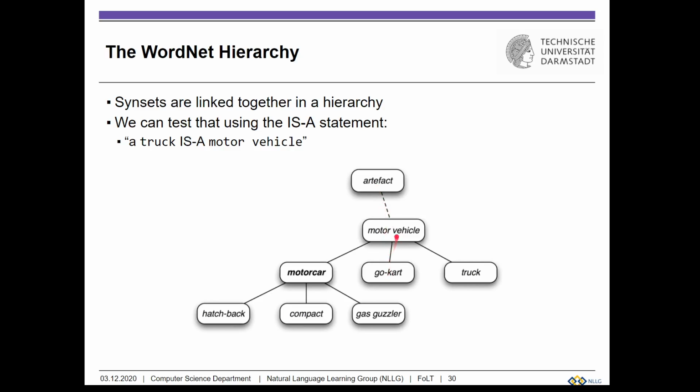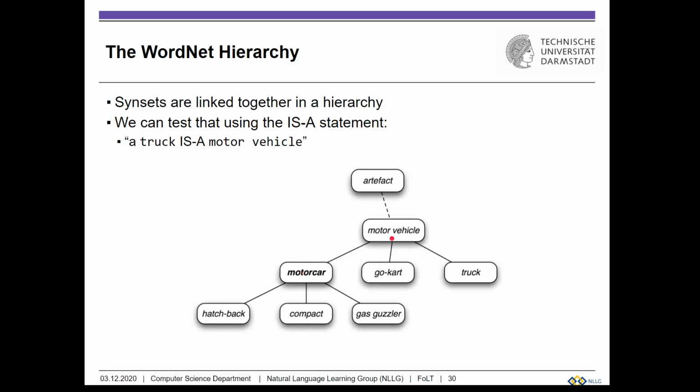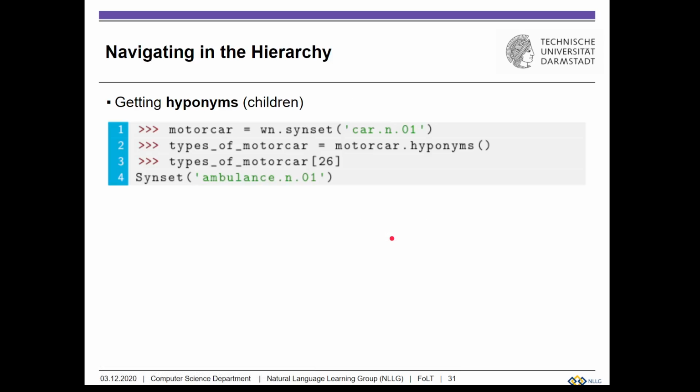Each go-kart is a motor vehicle. Each gas guzzler is a motor car. Each motor car is a motor vehicle. In linguistic terms, such relationships of being more specific are referred to by the word hyponym. And in terms of the WordNet hierarchy, hyponyms are children.